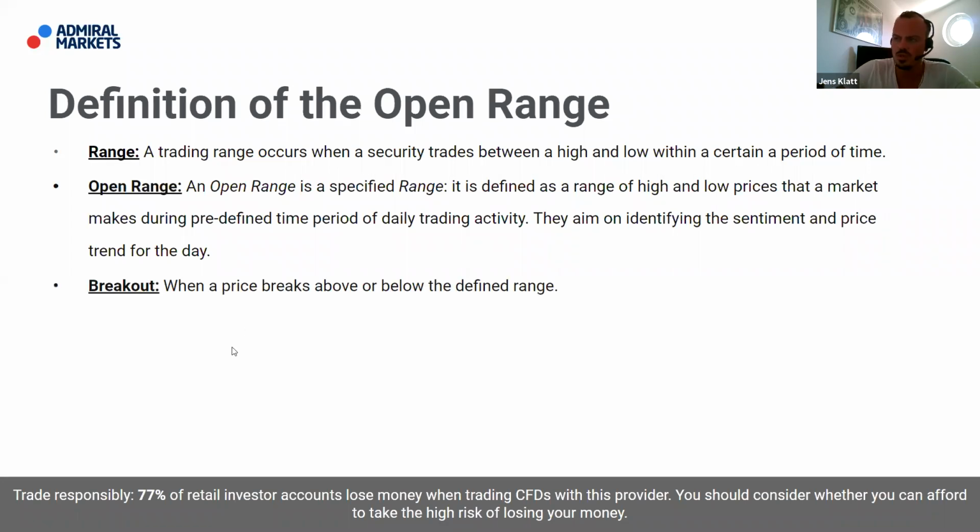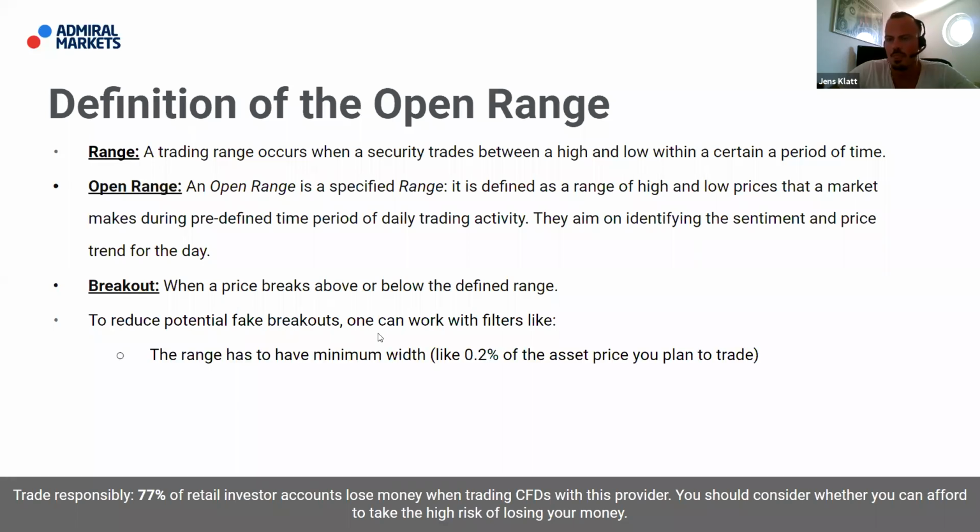To reduce these potential fake breakouts, one can work with filters. This is only one example. There's also another one with the exponential moving average to identify the overall advantage. But as I already presented last week around the DAX, we can say we want to see a minimum width of the range, and you can also apply this to the S&P open range breakout.